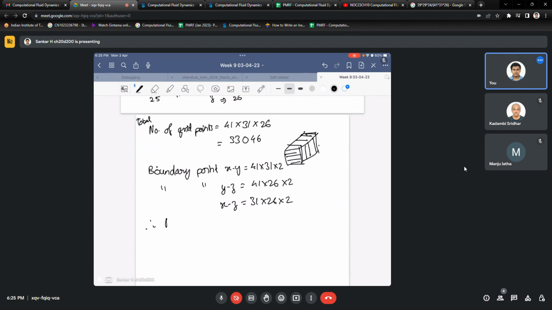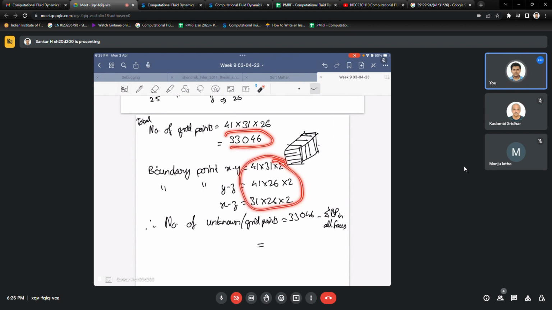So therefore, the number of unknowns, or grid points that need to be considered here, will be equal to 33,046 minus the sum of the boundary points in all faces, which is the number you obtain by subtracting the sum of these three from 33,046.